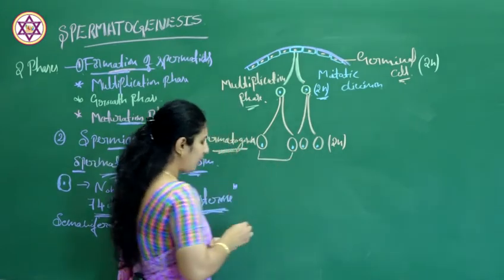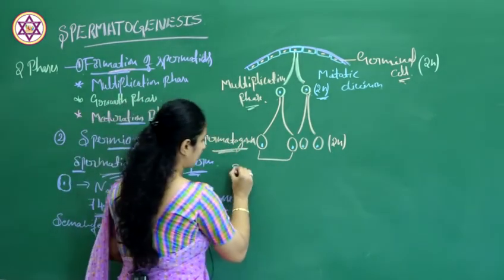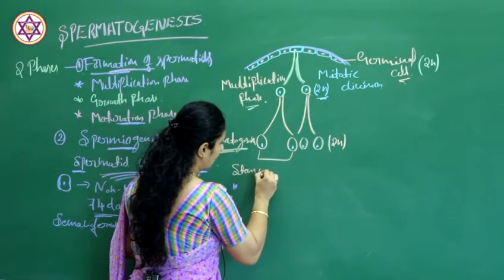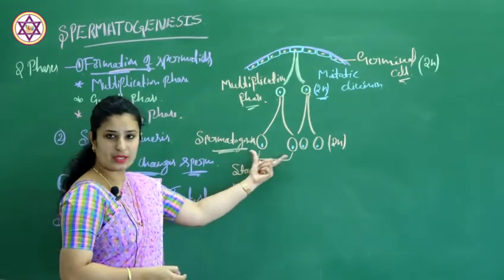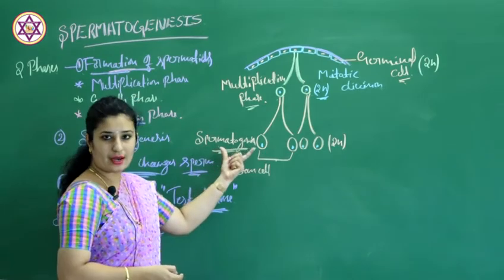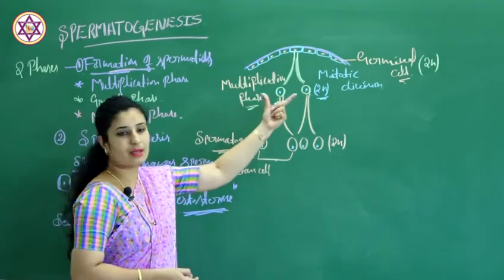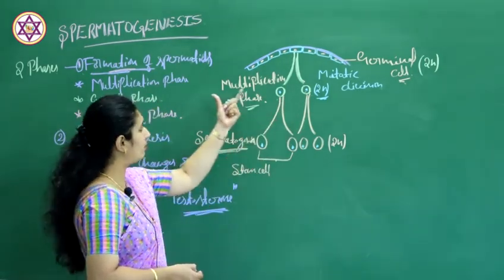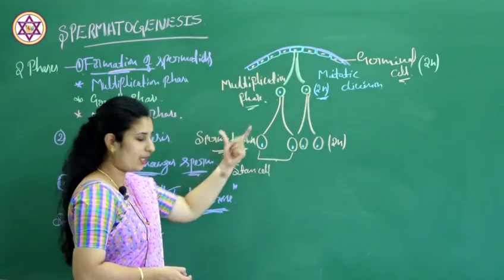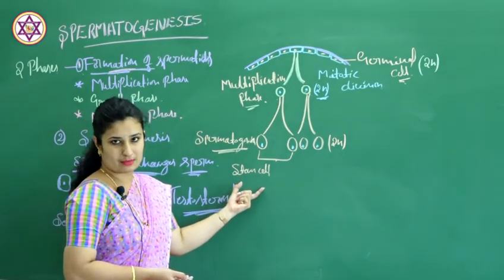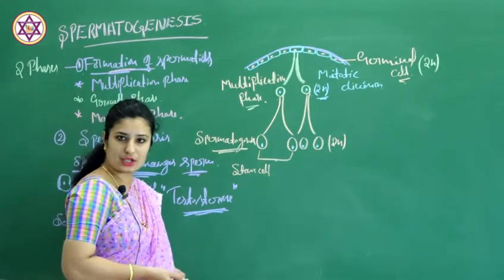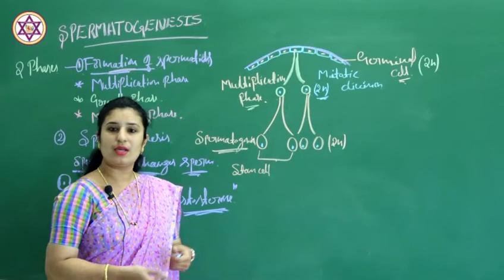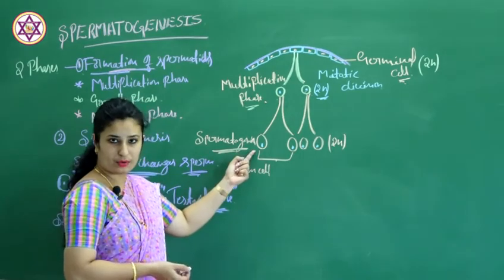Here in this stage, half of the spermatogonia behave like stem cells. Half of the spermatogonia which are produced from the mitotic division in the multiplication phase behave like stem cells. Stem cells means they undergo multiplication in order to produce more and more spermatogonia.